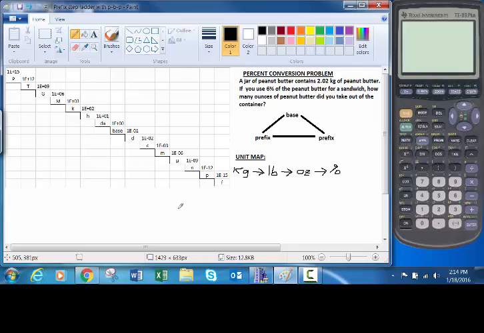So let's begin our problem. What's given to us in our problem is 2.02 kilograms of total peanut butter in our container. So I'm going to call this container.